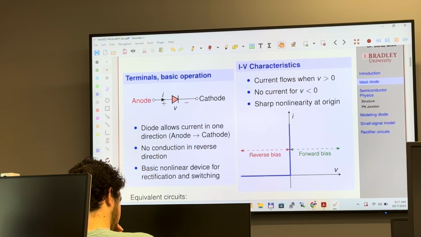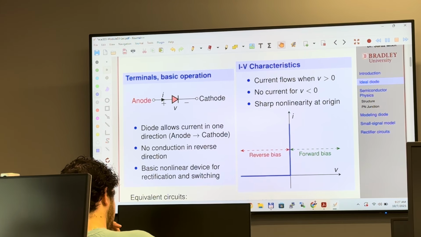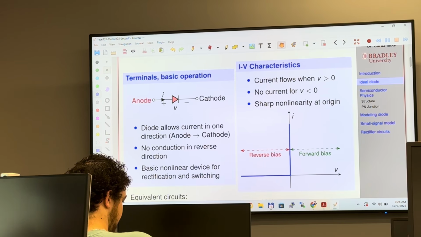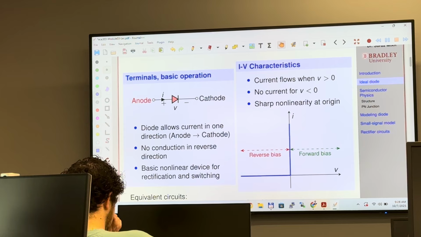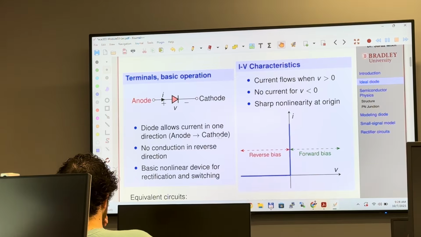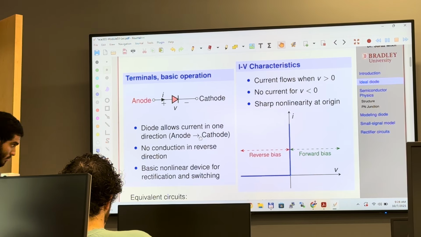A diode is a semiconductor device that allows current to flow in one direction only, from anode to cathode, not in the other direction.